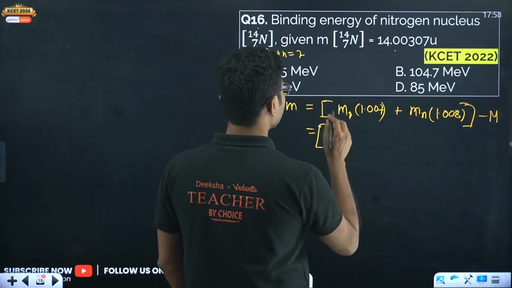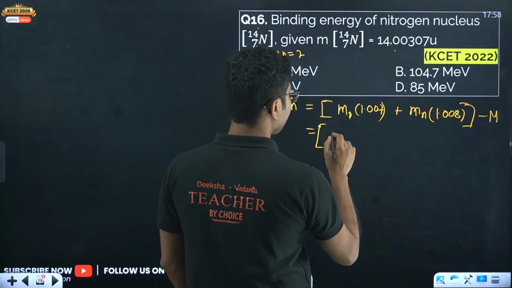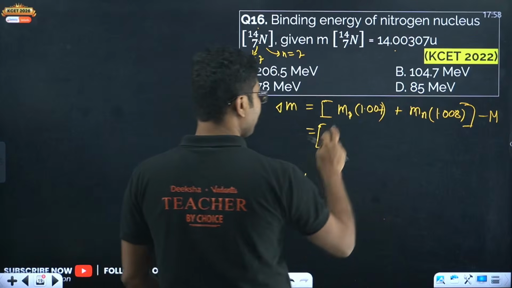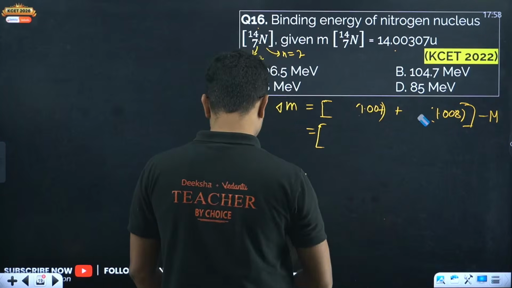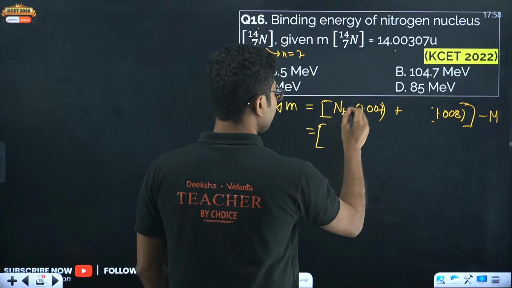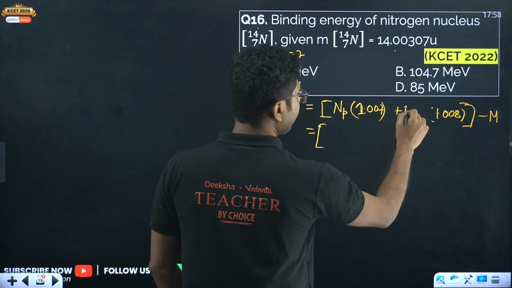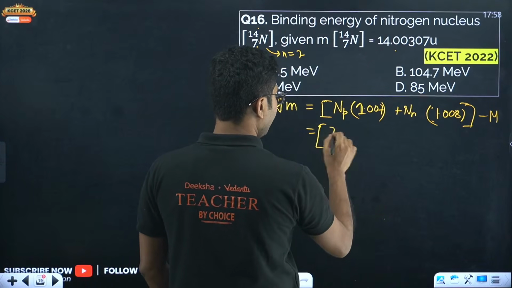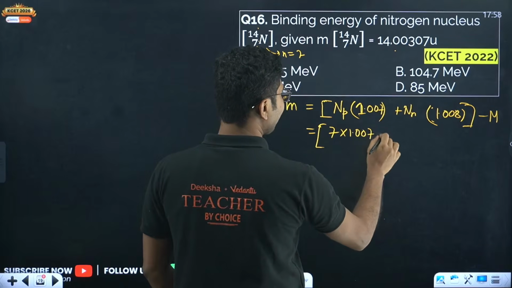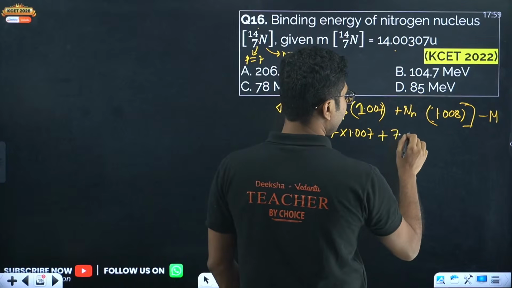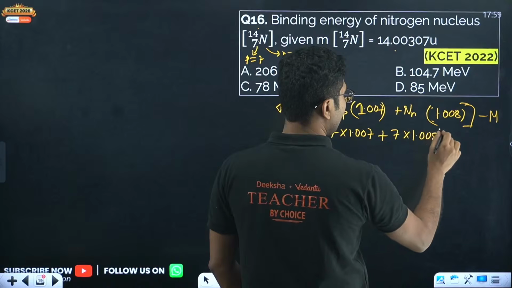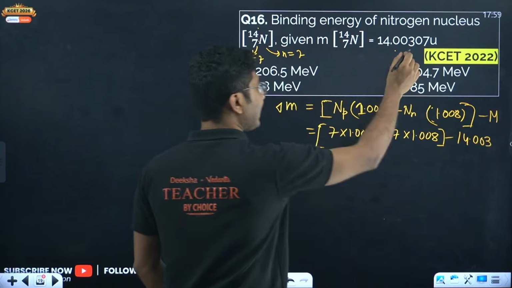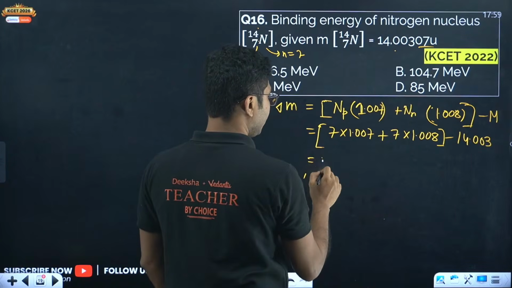The mass of the proton is 1.007, so we take the number of protons times 1.007, and the number of neutrons times 1.008, minus 14.003. I am even ignoring some parts.